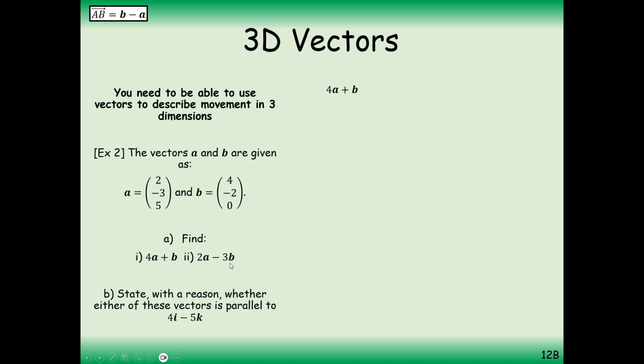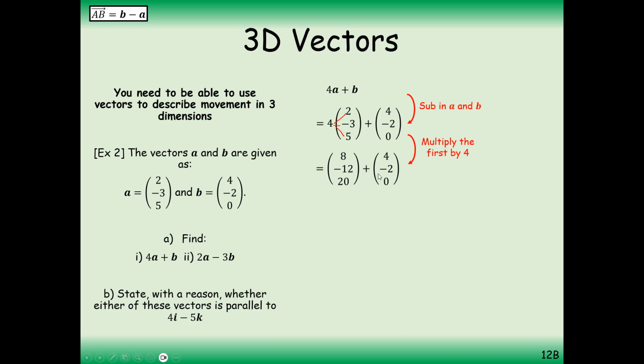So let's answer part A first. 4a plus b: you multiply 4 by each and every value in the vector, and then you add the second vector b. So 8 plus 4 is 12, -12 plus -2 is -14, and 20 remains as it is.